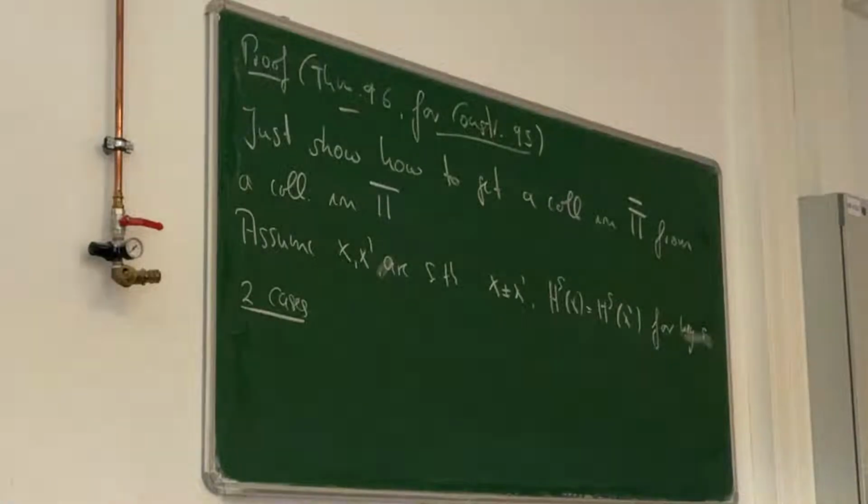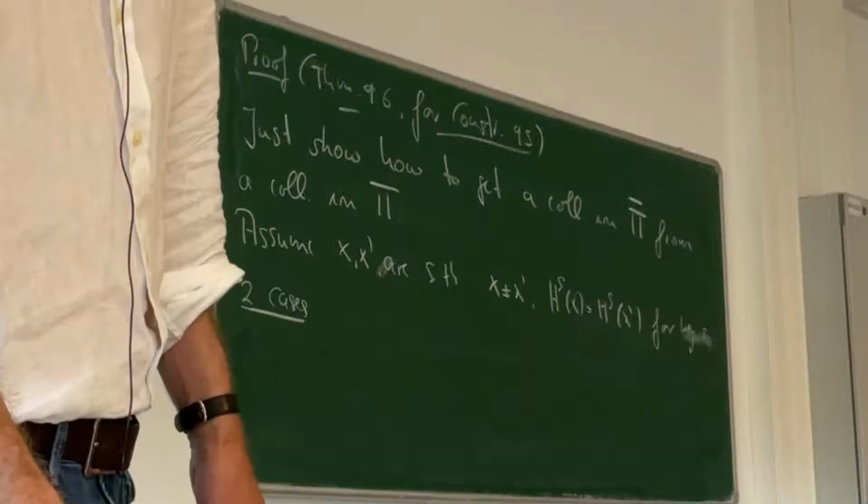And as you can expect from what we mentioned when we talked about this thing here, we distinguish whether they have the same length or not. That obviously is a good candidate to distinguish things, right?